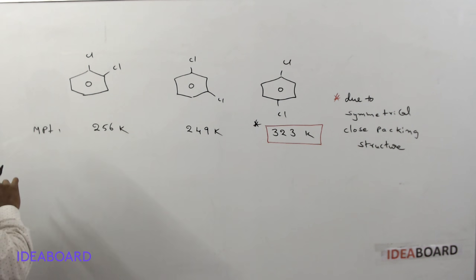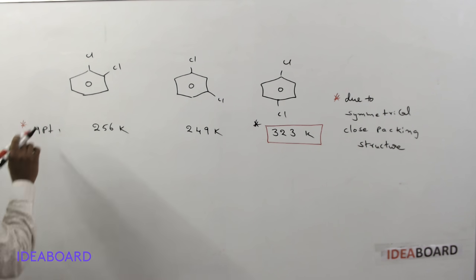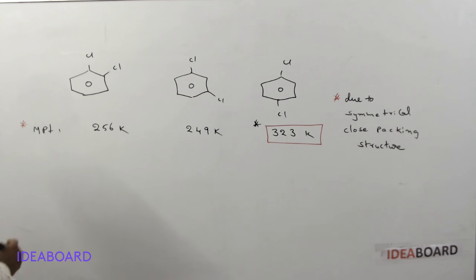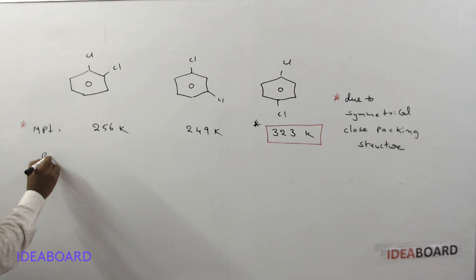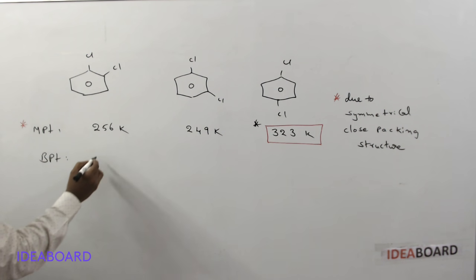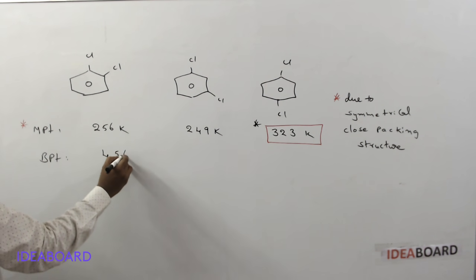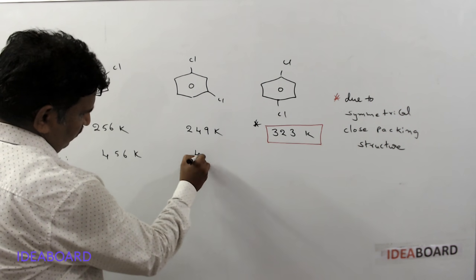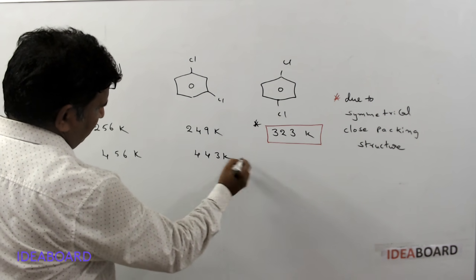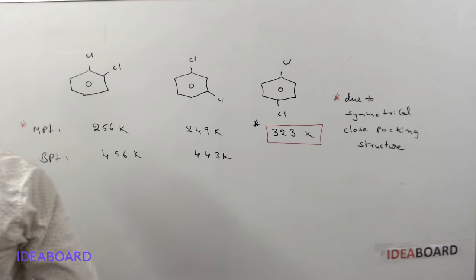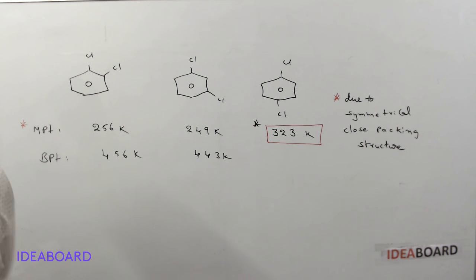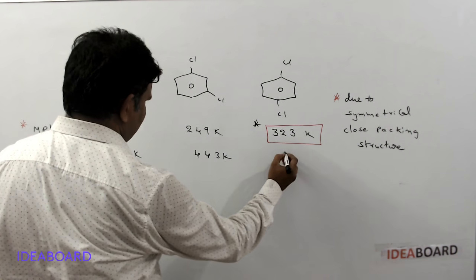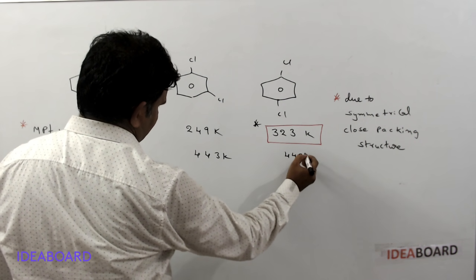Only in the melting points do we have very abnormal values. In the boiling points, the values are 456 Kelvin, 446 Kelvin, and 448 Kelvin.